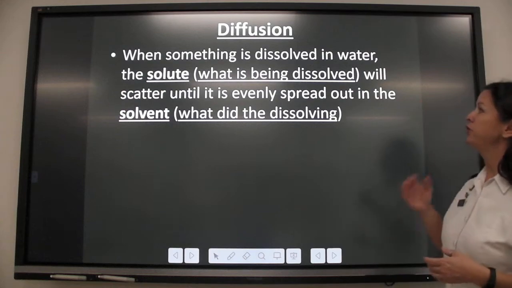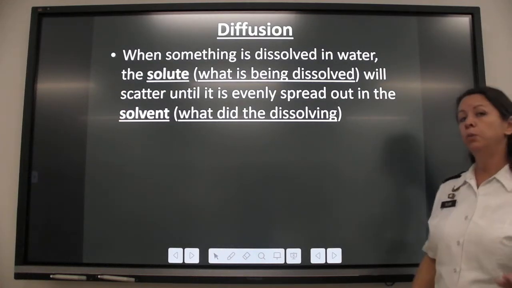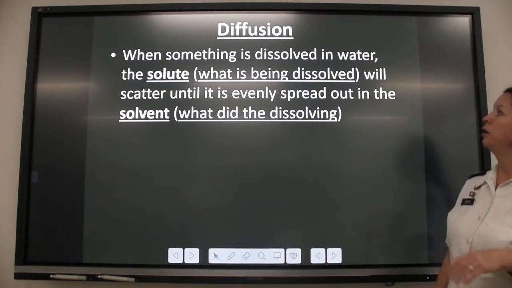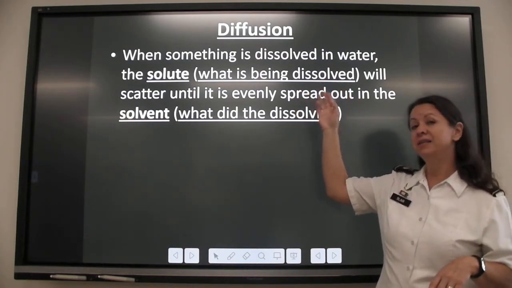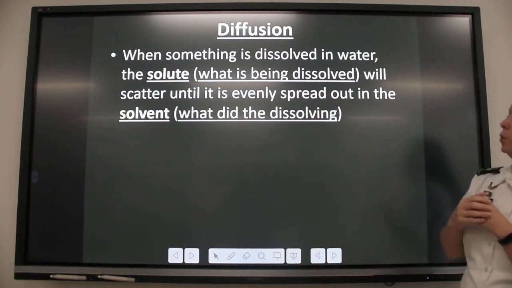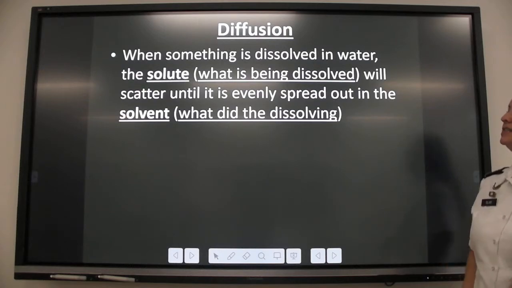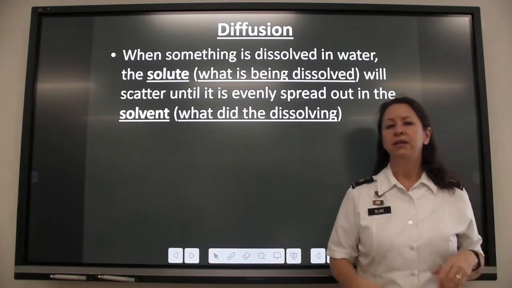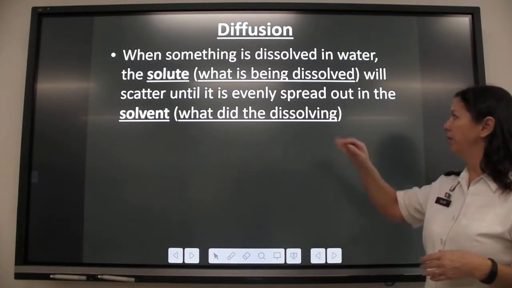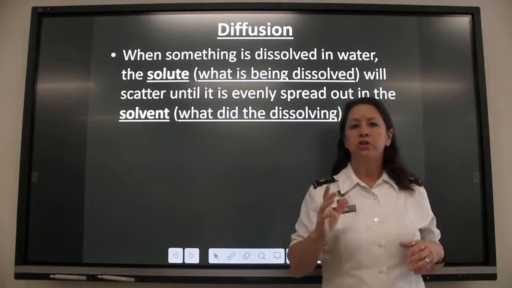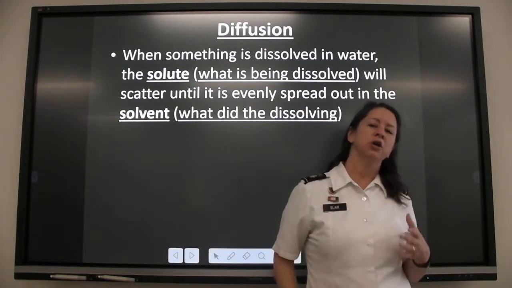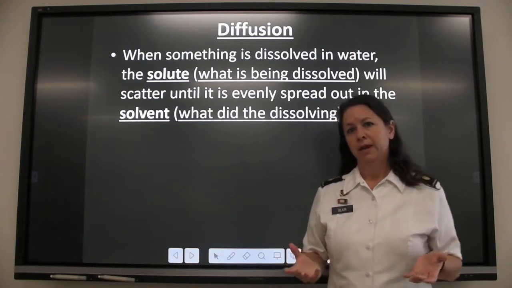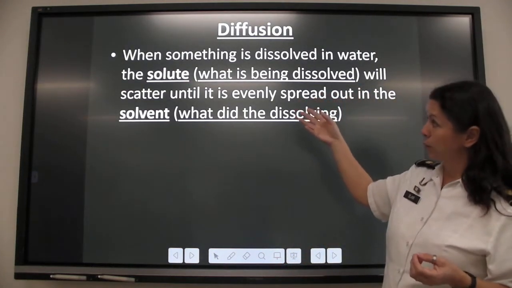Okay? Diffusion is when something is dissolved in water. The solute, what is being dissolved, will scatter until it is evenly spread out in the solvent. So what did the dissolving? The solute is whatever is being dissolved by water or by any liquid.